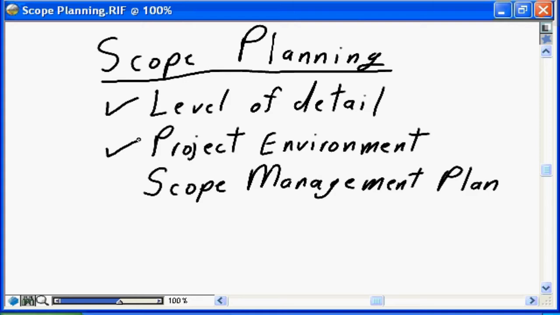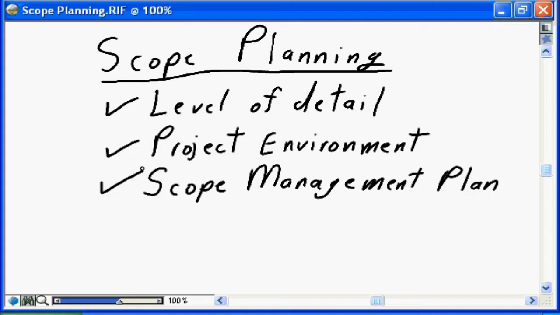What aspects of scope in previous projects aided in the success of the project or resulted in the failure of projects? You need to understand the project environment. You need to look at the history. You need to learn from mistakes. You need to look at the lessons learned from other projects and factor that in as part of your overall scope plan.